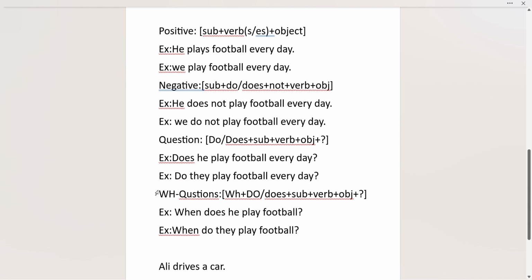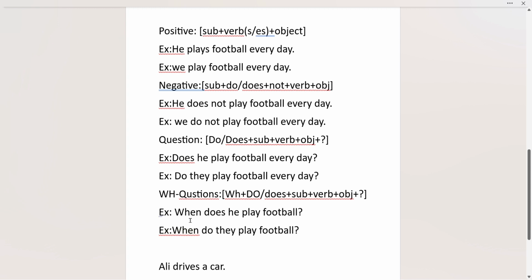Now we have another question: how to change a simple present tense sentence into a WH question? When a WH word is coming, how do we use it and what is the structure? We first bring the WH word, then do or does, plus subject, plus verb, plus object, and then a question mark.